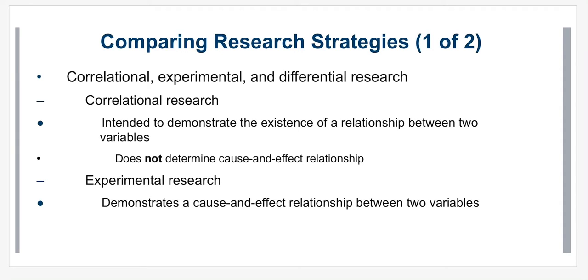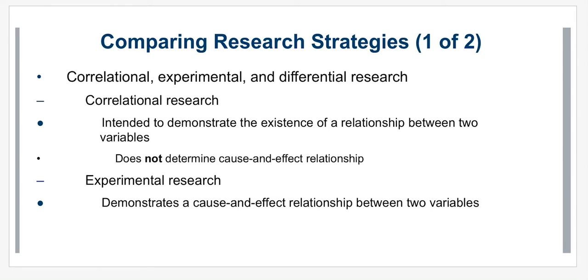Or you could flip it around and say it the other way. As time on Facebook decreased, GPA increased. Or you could even flip the variables and say the higher GPA students spent less time on Facebook, or the lower GPA students spent more time on Facebook. You can say it any direction, because it's not a cause and effect thing. It's not a directional thing, right? It's just a relationship. You're just showing that they are moving together in some way.